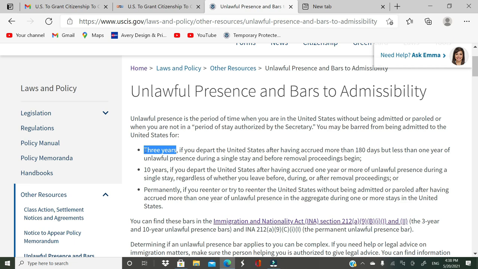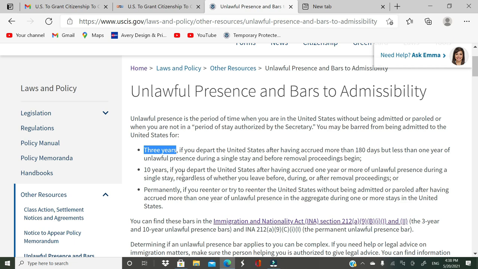Once they get out of the United States after longer than 6 months, which is more than 180 days, but less than 1 year, that person will have a problem coming back. At that point, the person has triggered the 3 years bar rule. That's how you get triggered.